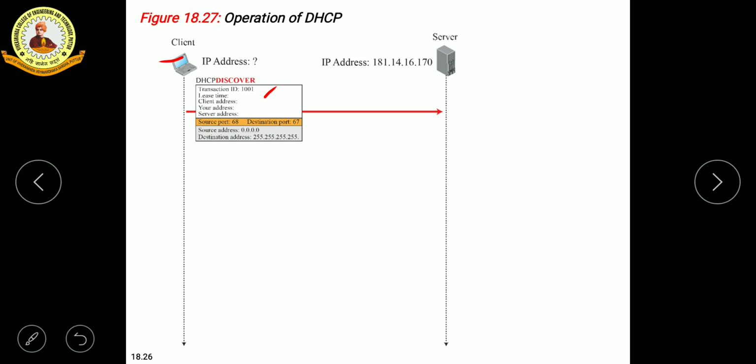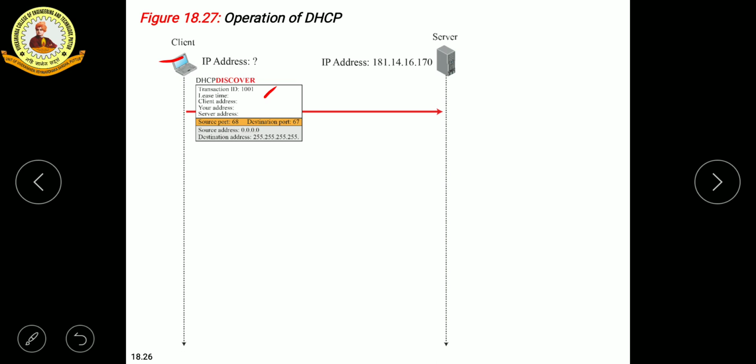So this is the first step: the DHCP discover message is sent by the client to the server. It doesn't know its own address and it doesn't know the address of the server, so it sends a message with source port 68 and destination port 67. This you have to know.